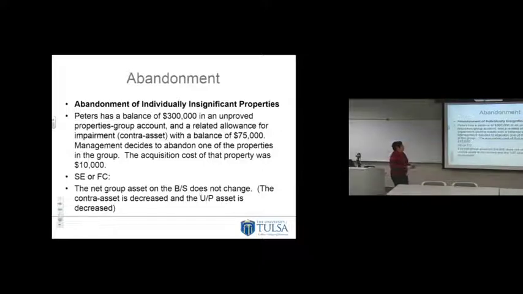Now remember, if you're successful efforts, why are we not expensing it? Well, that $75,000 in that contra account has already been expensed in prior periods. If you're full cost, it's already gone into an impairment account in prior periods, an impairment asset. So I'm charging that against that allowance, and the net group value of the asset does not change, so there's no change.